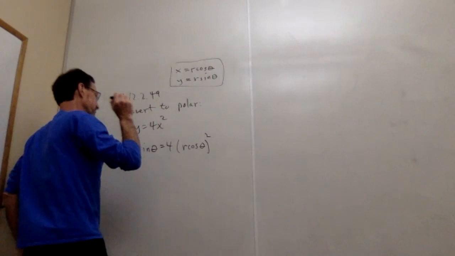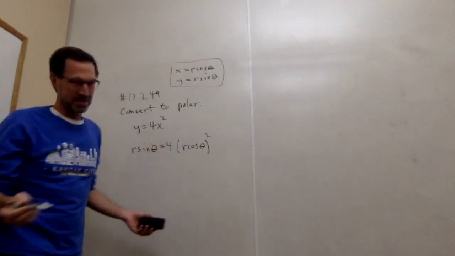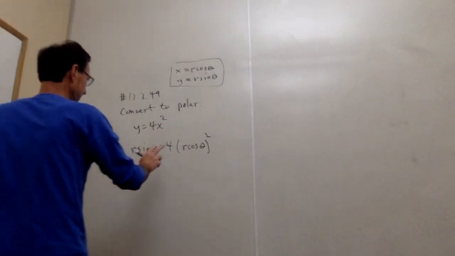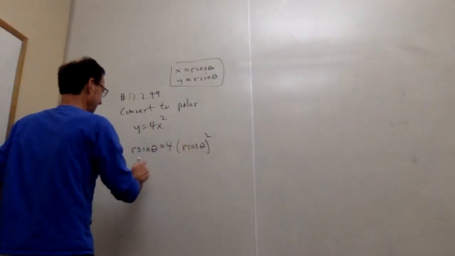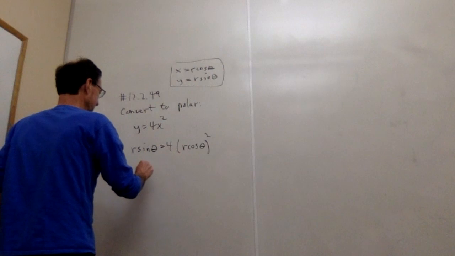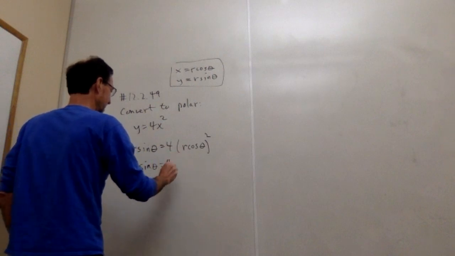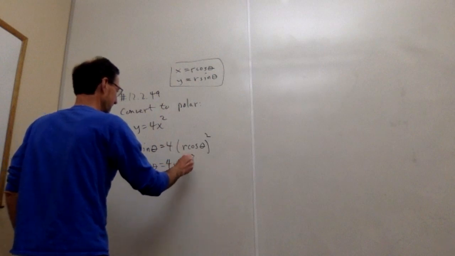So we just plug them in. And then the question is, how do we want to write that answer? Well, clearly we can cancel an r out. So if we do that, we get sine theta equals 4 times r cosine squared, right?